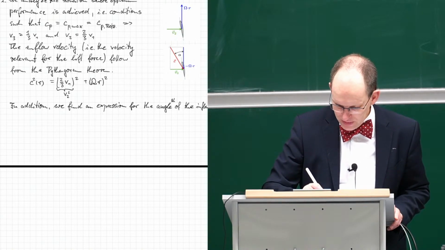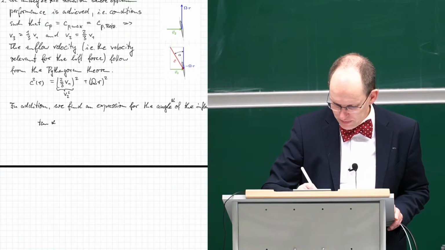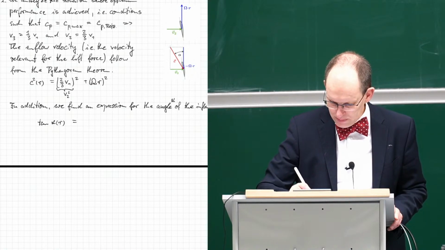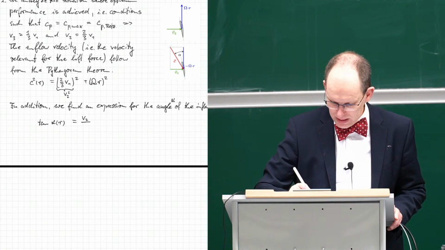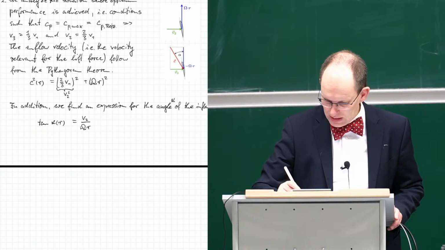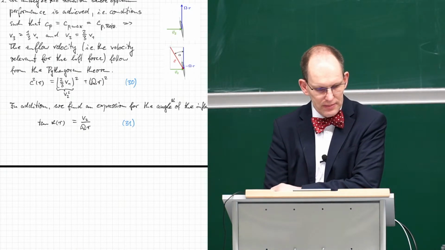So what we have is that the tangent of alpha also depends on r, of course. This is given by v2 divided by omega times r. So let me give these equations house numbers. That's equation 30, and here we have equation 31.